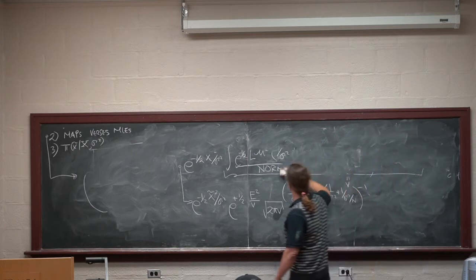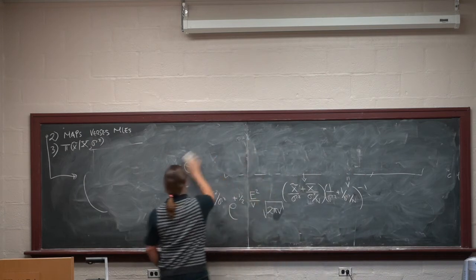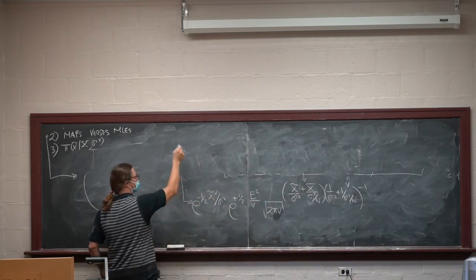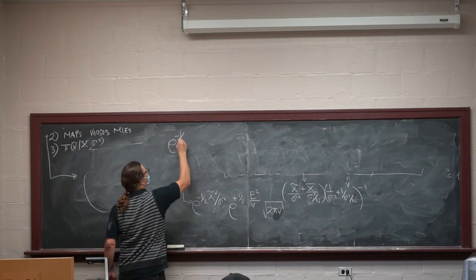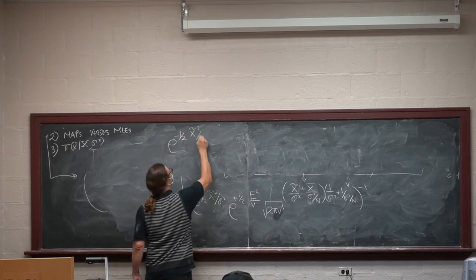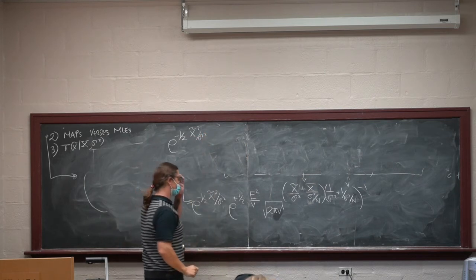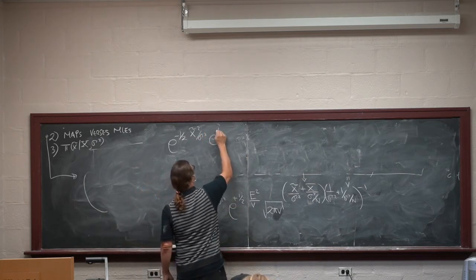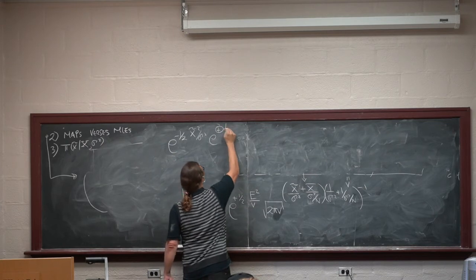I know what that variance is. So what we just wrote down is e to the minus 1/2 x tilde squared over sigma squared, times e to the plus 1/2.